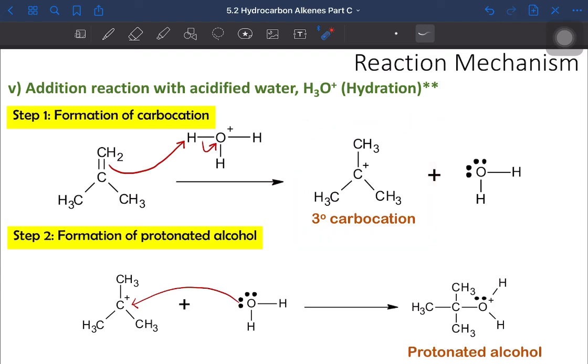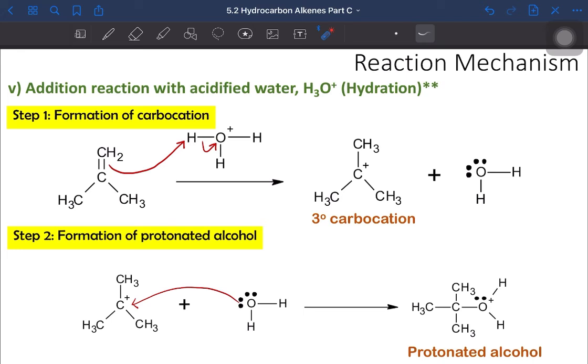Okay, so after the formation of the carbocation, we are going to look into the second step, which is the protonation, the formation of protonated alcohol. So to form protonated alcohol, we have our water molecule. The water molecule is our nucleophile, and this carbocation here is our electrophile.